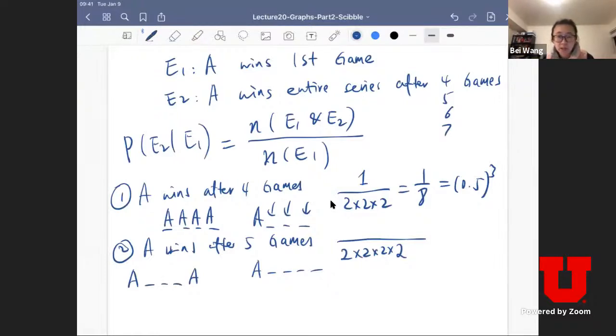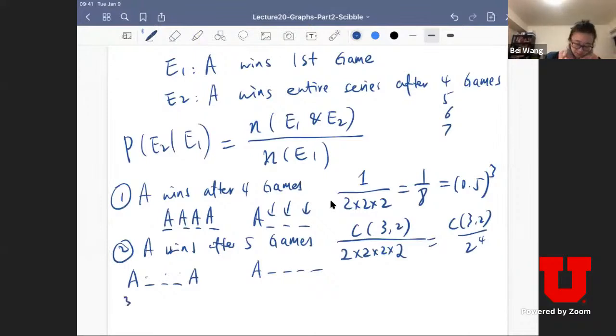But in total, A has to win 3 games, so in the middle, I can have 3 possible positions where I need to put 2 wins for A. So that is C of 3, 2. Okay, so C of 3, 2 over 2 to the power 4.